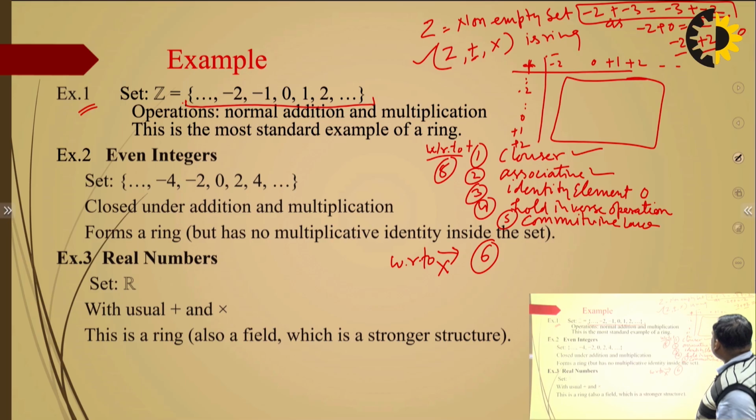Similarly we can prove closure with respect to multiplication. Because the operation is multiplication here, all the results belong to set Z. So the closure law holds.